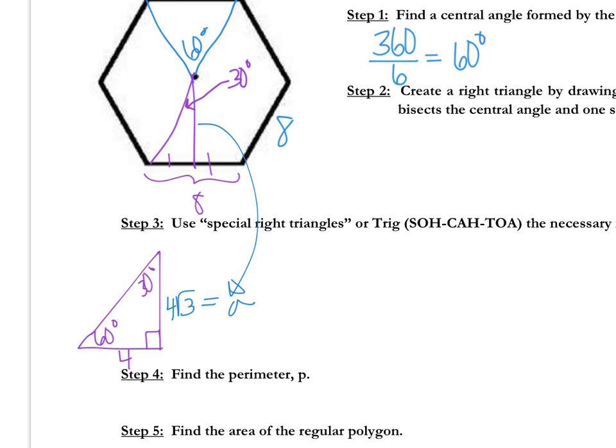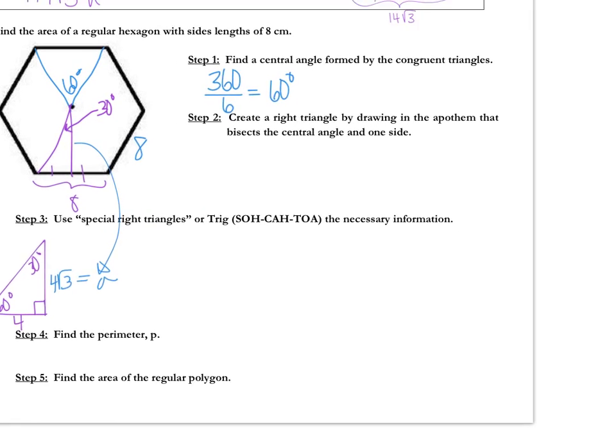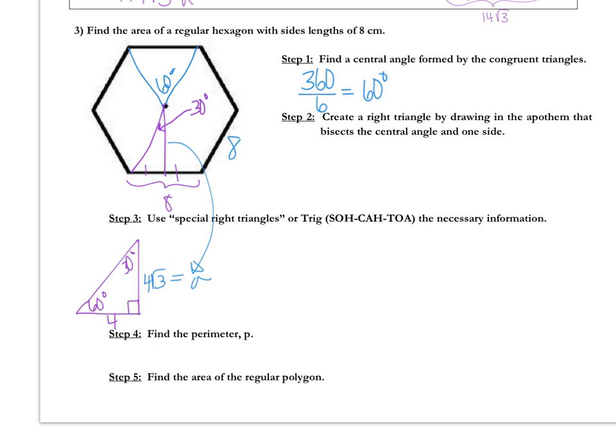Okay. Now notice that step 3 said to use special right triangles or trig, SOHCAHTOA, to find the necessary information. So we've primarily been using special right triangles, 30, 60, 90, 45, 45, 90, but in a few examples we're going to be using trig to find either the apothem or the missing side.